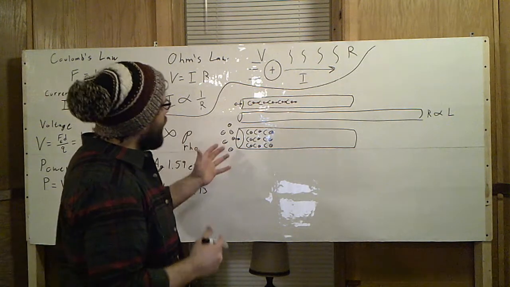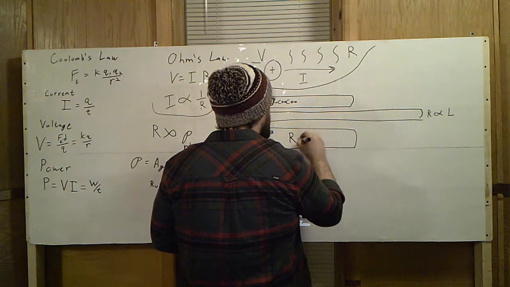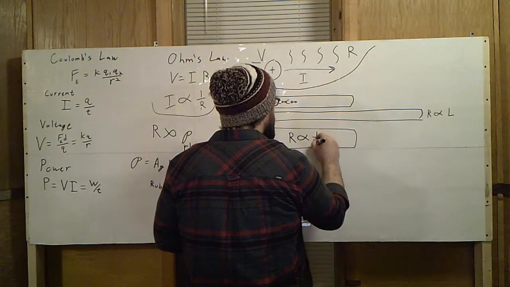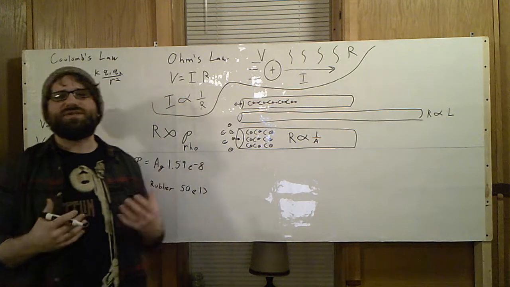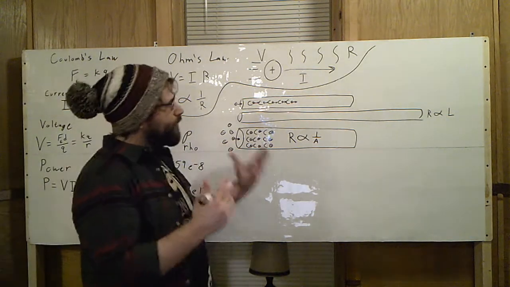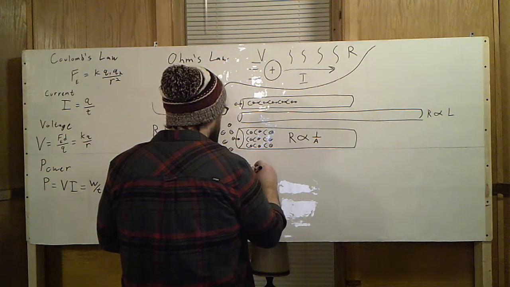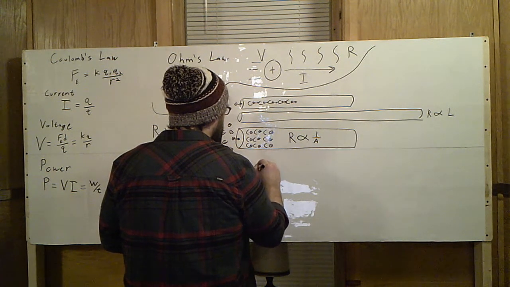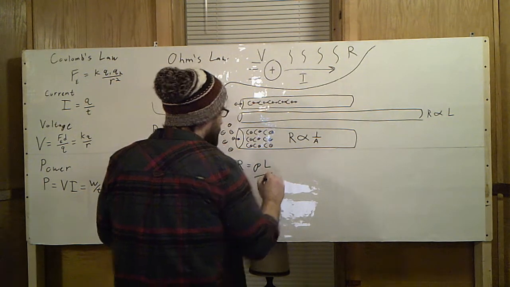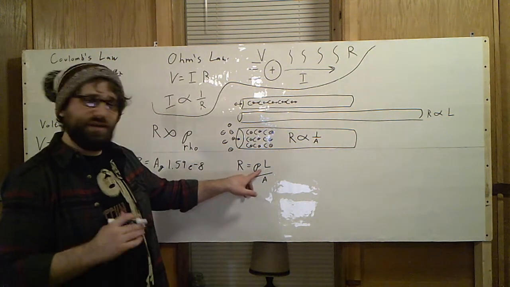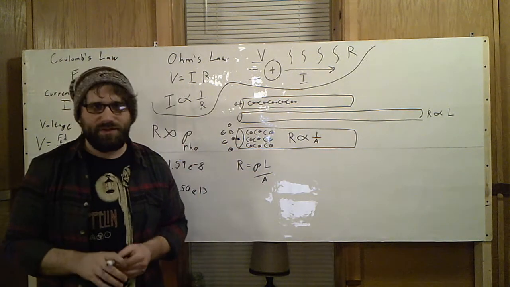So in that same way, resistance is then going to be proportional to the inverse of area. So these are the three relationships that resistance is going to have. If I put them all together, my resistance is going to be equal to rho times the length divided by area.